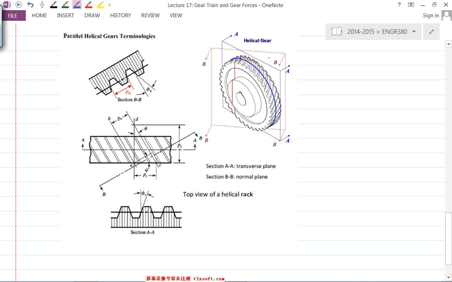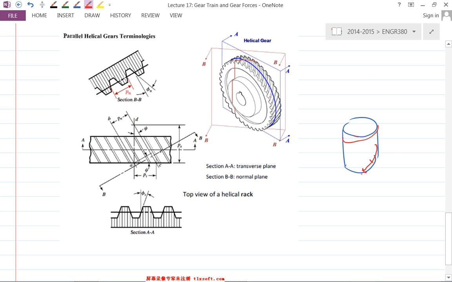But in practice, when it's a helical gear, as I was telling you in the introduction, if you have a cylinder here, then you basically generate a helical curve, right? And the helical gear tooth is just a portion of this helical curve. When it comes to a helical curve, there are a couple of properties.